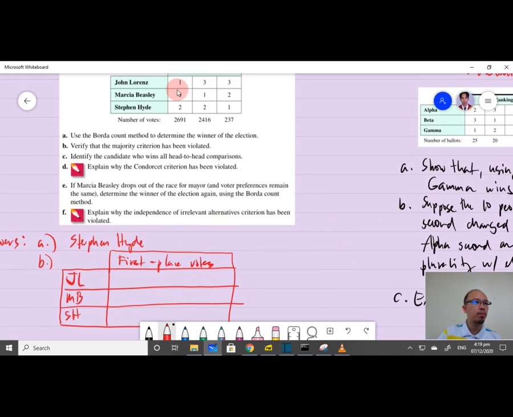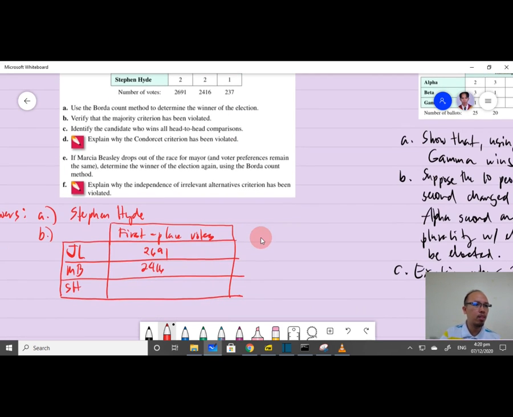We have for John Lawrence, we have here 1, 2,691. For Marcia Besley, we have 2,400. We have 1 here, 2,416. And Stephen Hyde, we have 237. Okay, so this is 237.